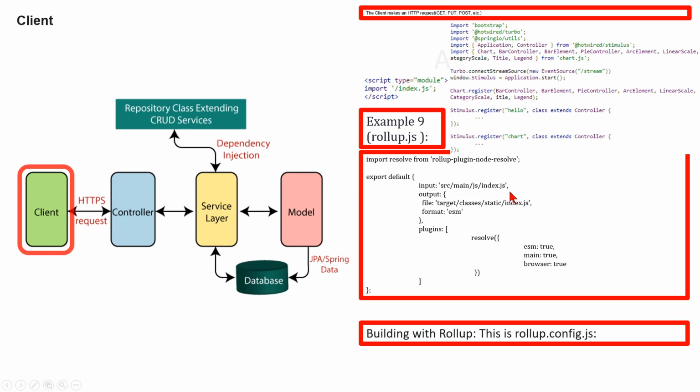This is rollup.config.js. So if we move all the JavaScript into src/main/js/index.js, we would have just one script in index.html, for instance, at the end of the body.